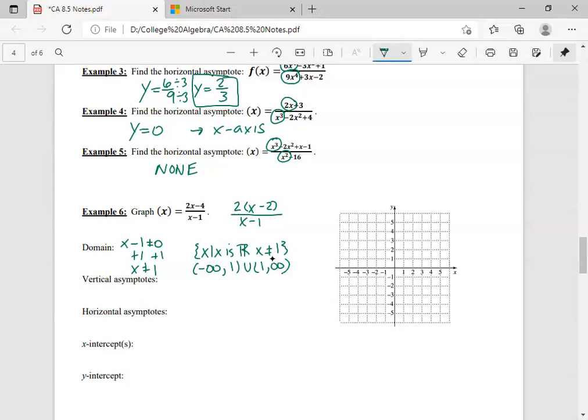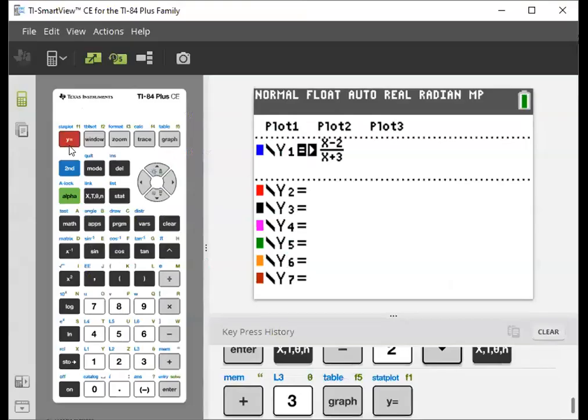At this point, because I always second guess myself, I would go to my graphing calculator and I would type in my function. I would just make sure that it looks like there's a problem at 1, you know? So I would go to the graphing calculator, I go to y equals, I can type in my function. I can type 2x minus 4 over x minus 1.